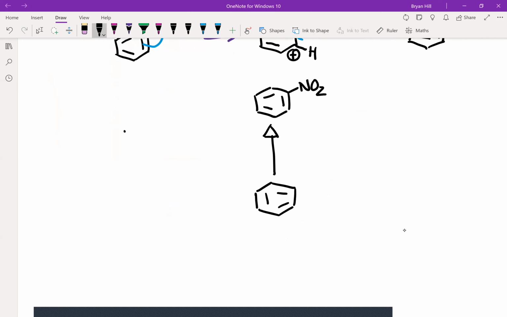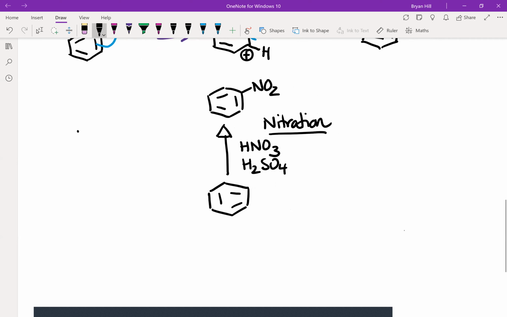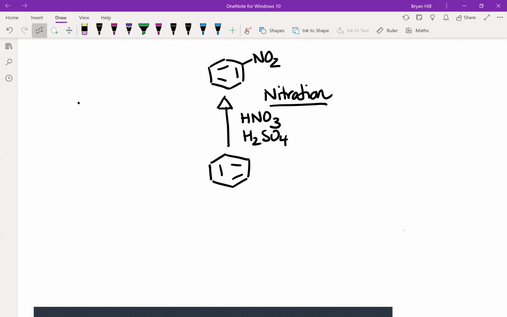And the two reagents that are used are nitric acid and sulfuric acid. So this is a nitration. In non-COVID years, you would have done this reaction in the lab. We do a little nitration reaction in the lab, which is kind of fun.